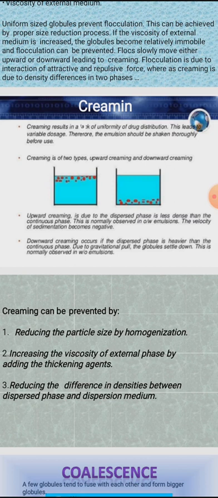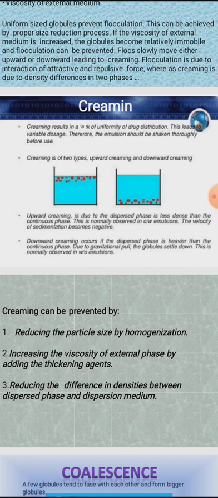This is possible because the oil globules are still surrounded by the protective sheath of the emulsifier. So this is a potential step towards complete coalescence of the internal phase. Hence this stage is also considered to be a mark of instability.